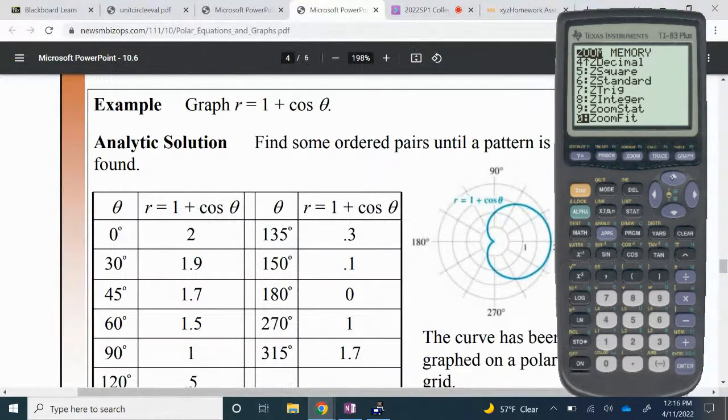I'm always going to start off using zoom standard. Let's see, why does my graph look like this? For whatever reason, I should not have that. Let me delete that. All right, so I'm going to use zoom standard.